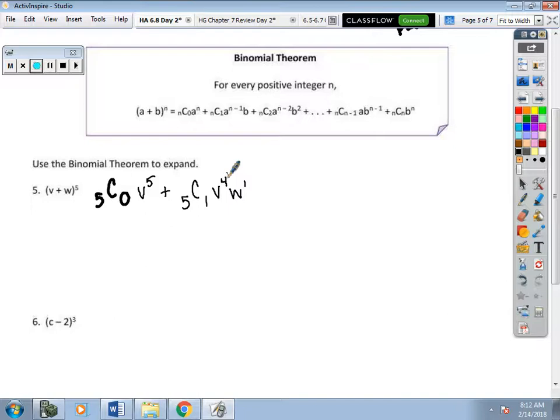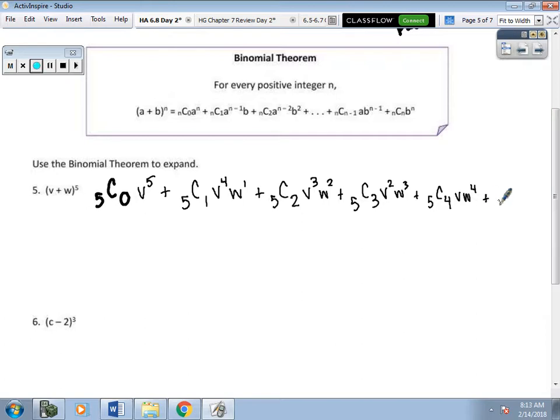The w variables will increase as we go through. Plus 5c2, v cubed, w squared, plus 5c3, v squared, w cubed, plus 5c4, v w to the 4th, and lastly, plus 5c5, w to the 5th. And then, of course, we can use our calculator to evaluate each of those.